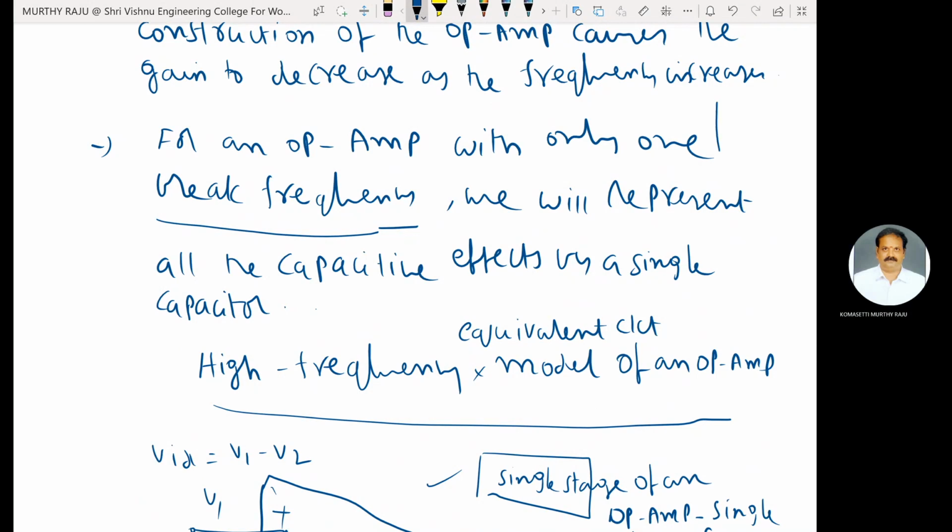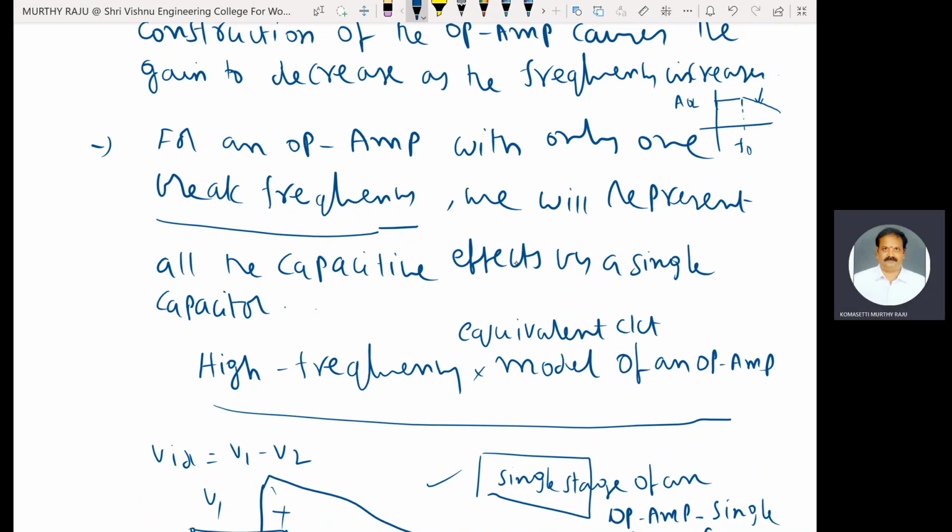At low frequencies it does not affect the open loop gain of the amplifier. At high frequencies, the gain decreases due to capacitive effects. This is called the one break frequency F naught.